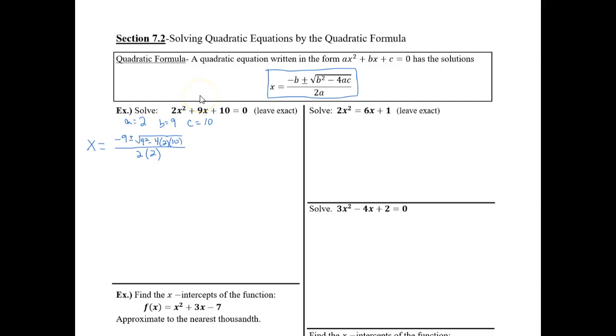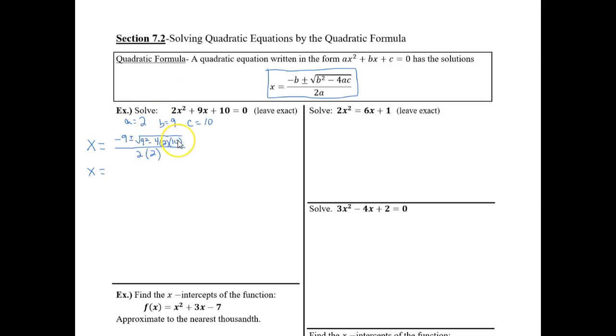Alright, now we need to simplify. 9 squared is 81, and then 4 times 2 is 8, times 10 is 80. So, looking under the radical, we'll have 81 minus 80.